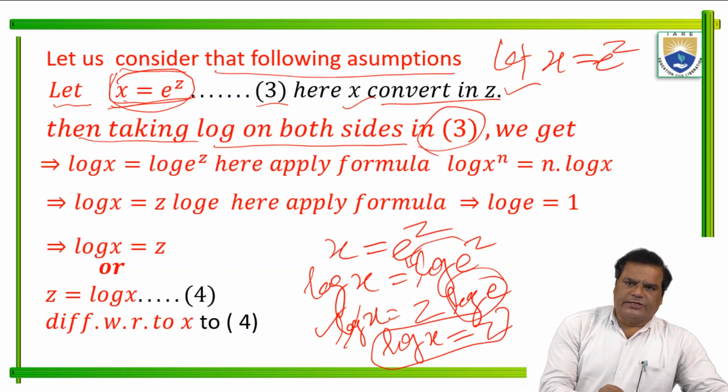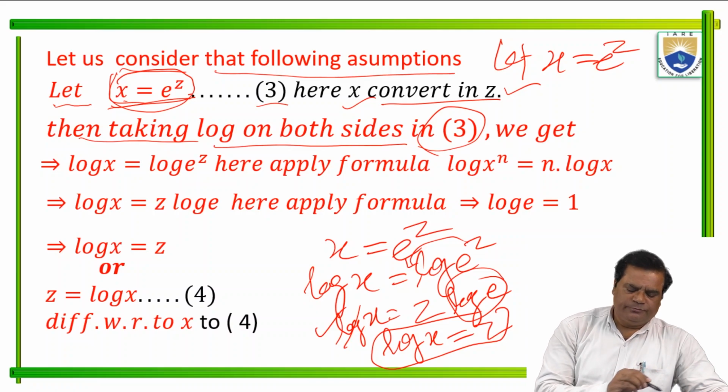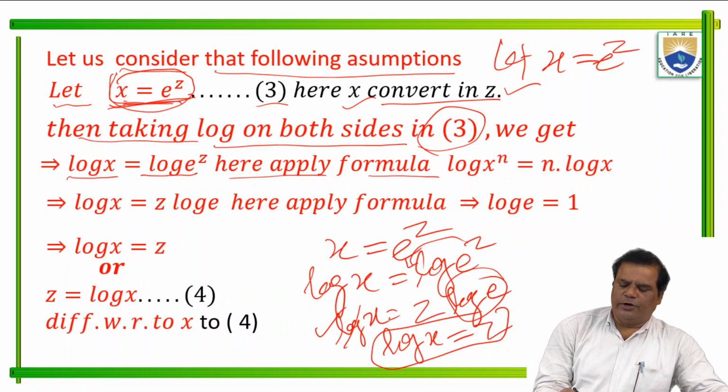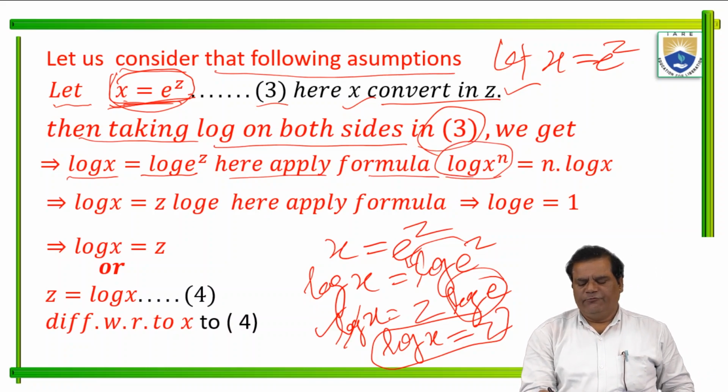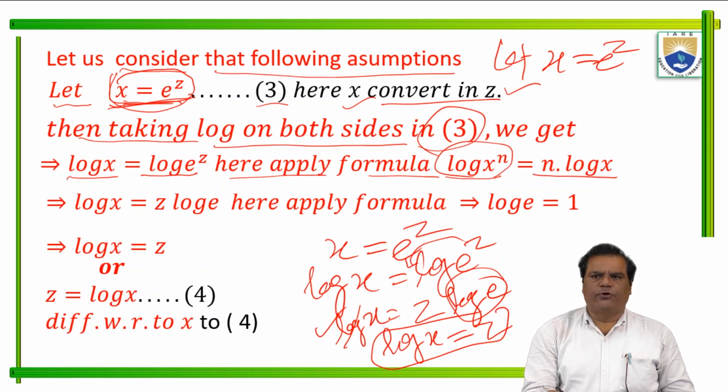So here let x equal e to the power z. Taking log on both sides, log x equals log e to the power z. Here apply the formula: log x to the power n is n log x. The power goes before log.